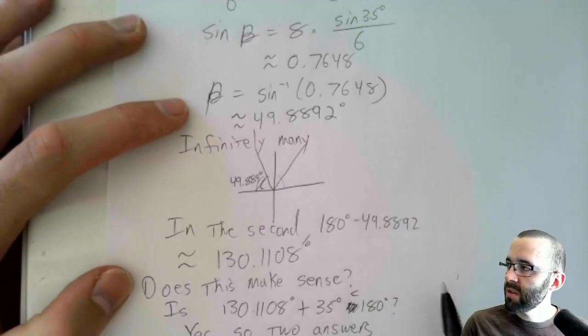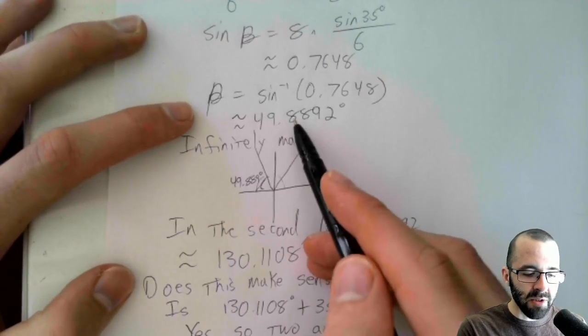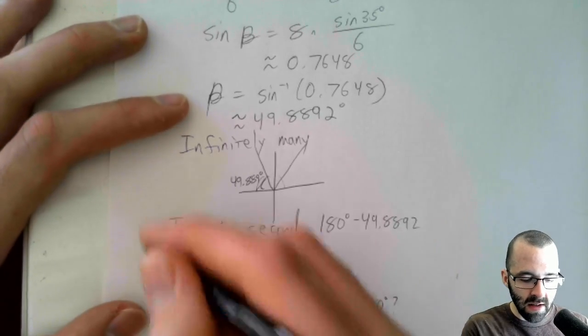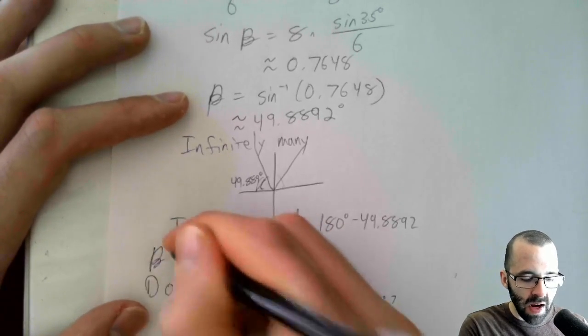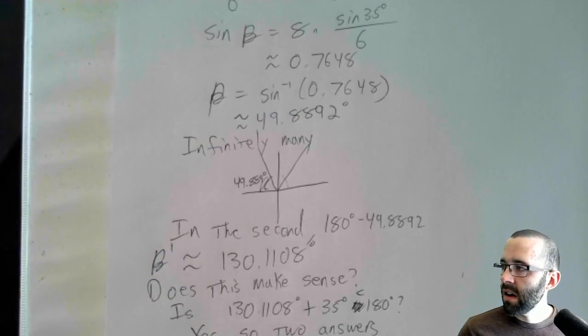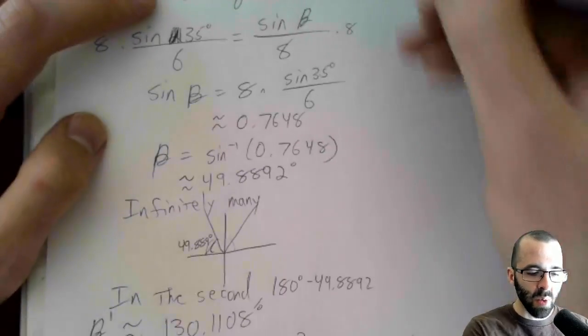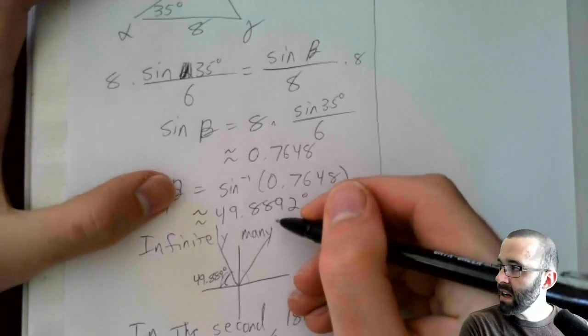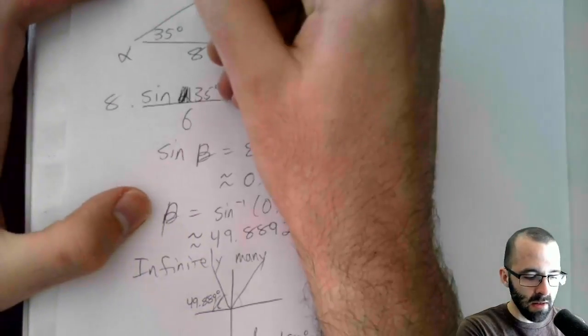So what we usually do for this is we're going to call this first answer beta. And this second beta, we're going to call beta prime. All right, so we're going to have two answers. One is going to be our normal triangle with beta being 49.9.